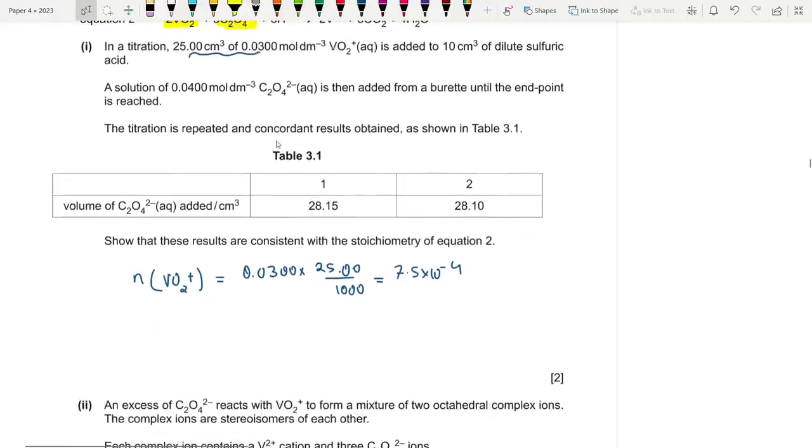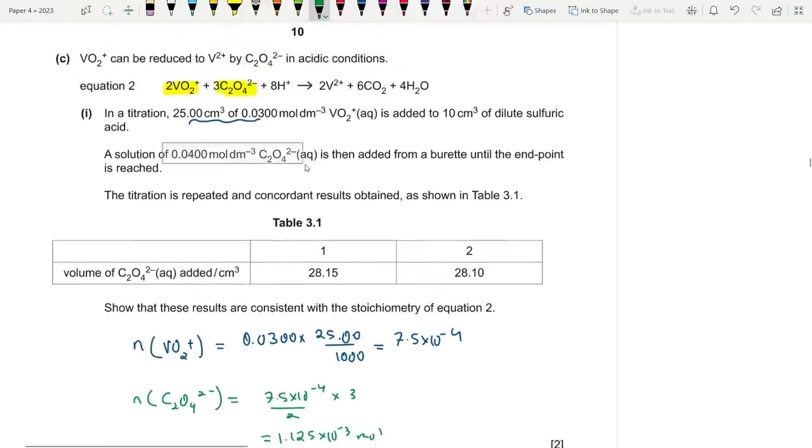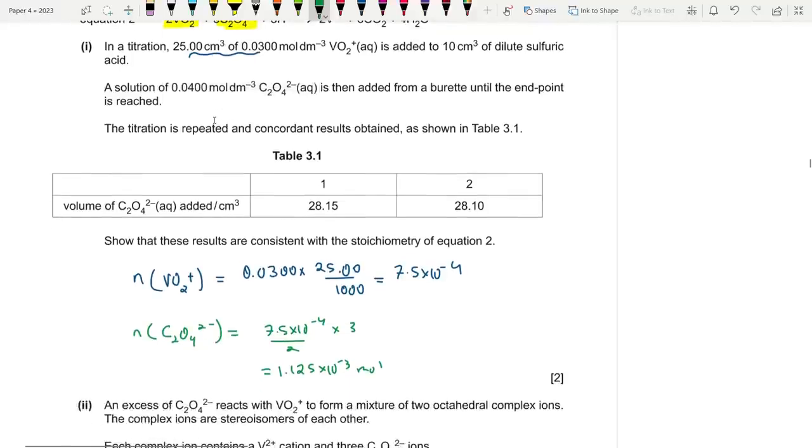I know that the moles of C2O4 2- should be 7.5 × 10^-4 by 2 times 3. So how much is that? By 2 times 3, 1.125 × 10^-3 mole. Now, we know the concentration, right? So can we not find out the volume? We know that moles equals concentration times volume, so volume equals moles by concentration.